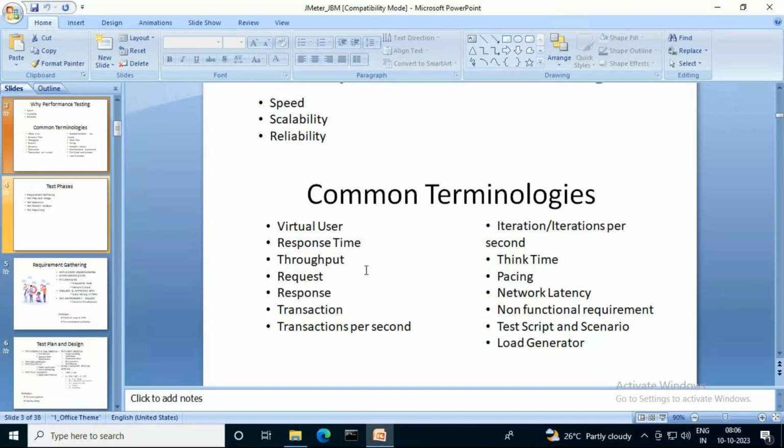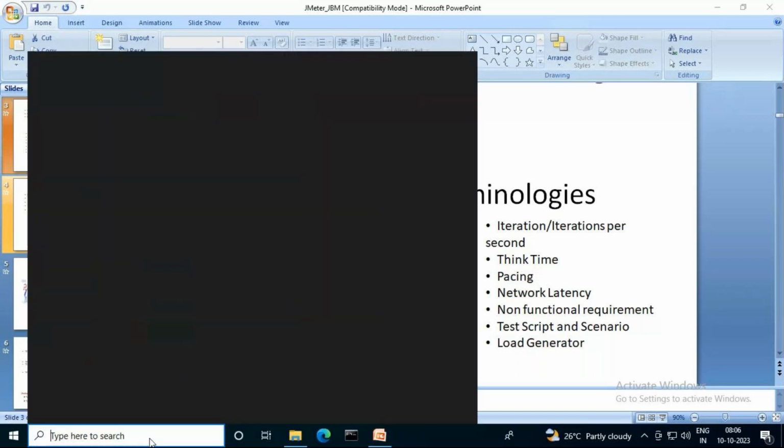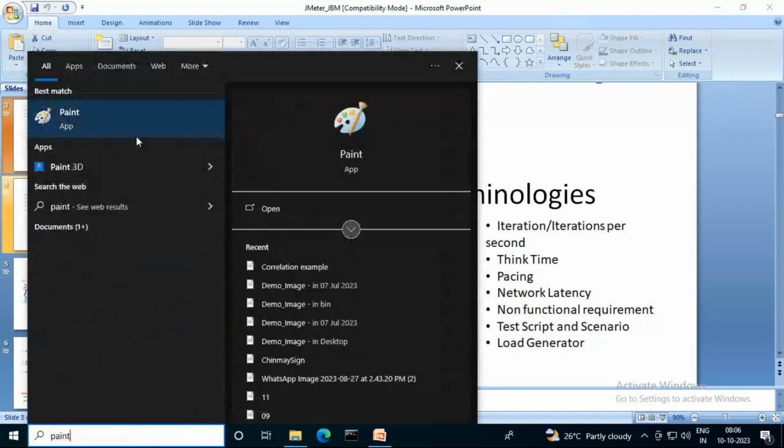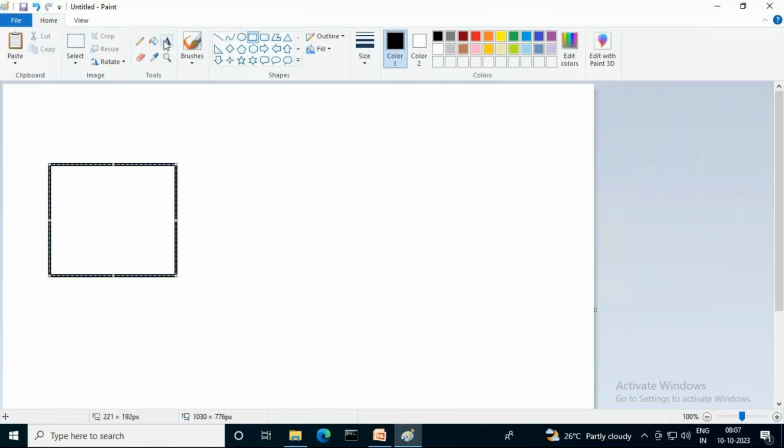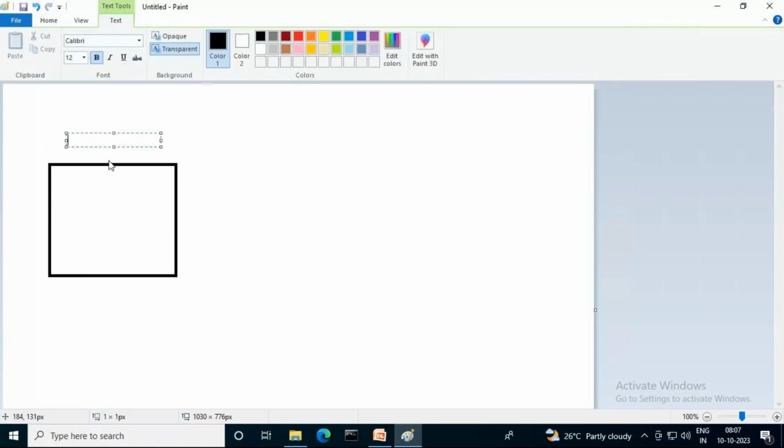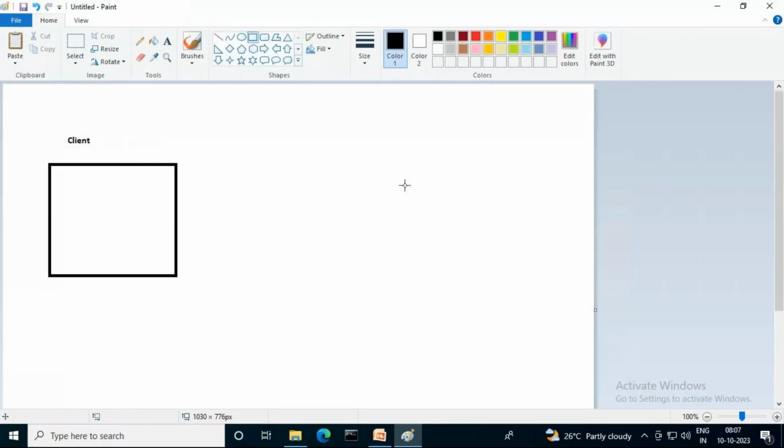Now response time is nothing but the time taken by the server. Basically what happens, guys, is we have a client server architecture, for example. This is my client, and this is my server.